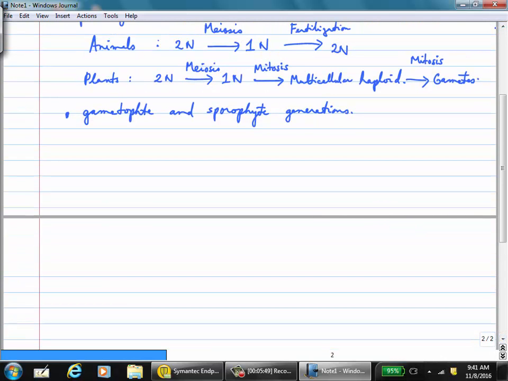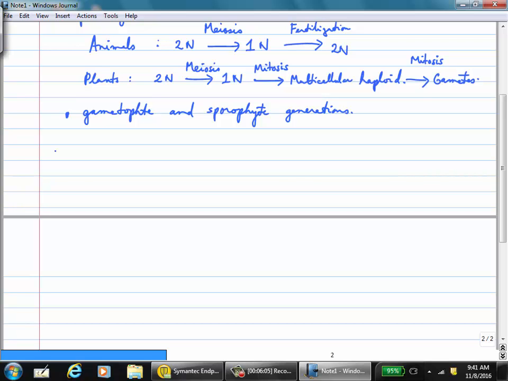Now the second important difference between plants and animals is that in the case of plants, the cell is enclosed inside a rigid cell wall. In the case of animals, it will be just the plasma membrane. There is no cell wall.